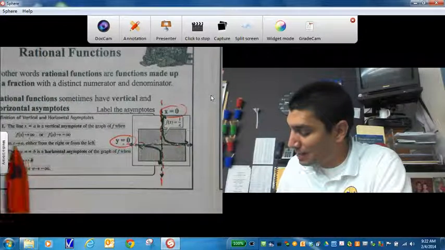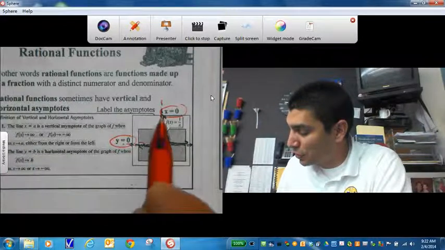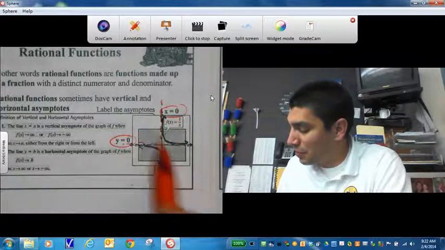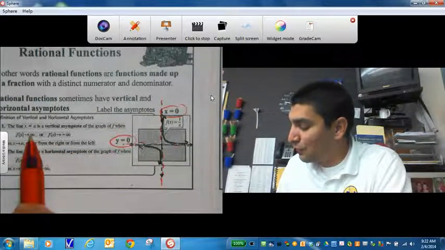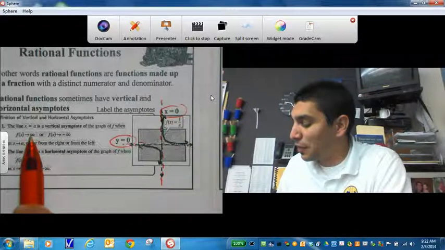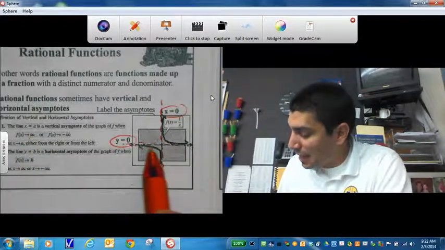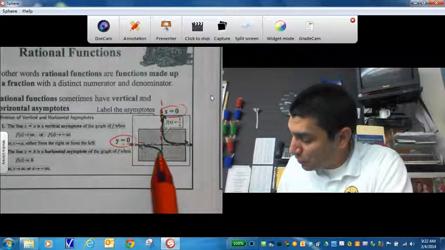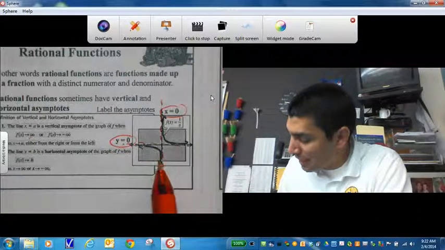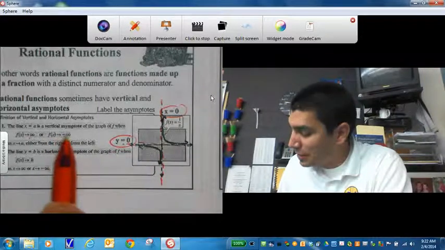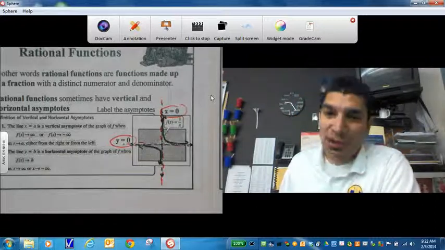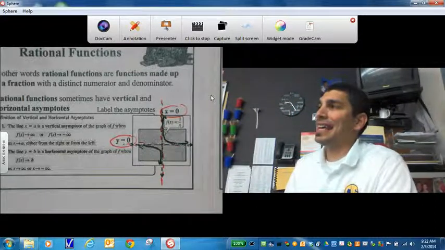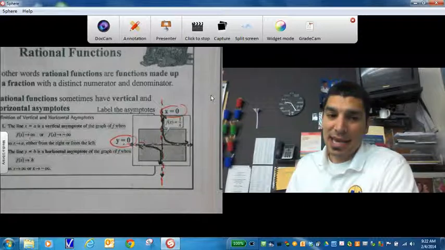As x gets closer and closer to this value of 0, this graph gets bigger and bigger and bigger, closer to infinity. From the other side, as x gets closer and closer to 0 from the negative side, the y value gets closer and closer to negative infinity. As functions approach negative and positive infinity, that's where you're going to find an asymptote.